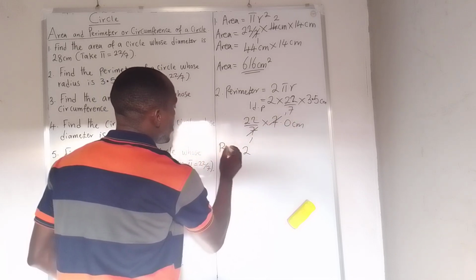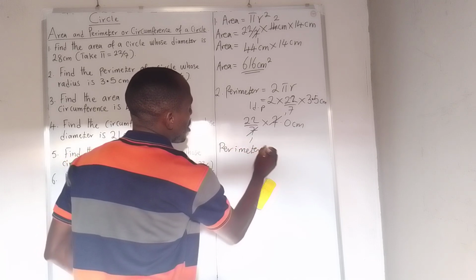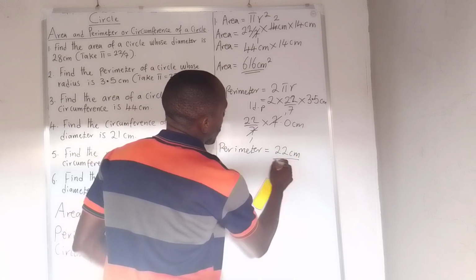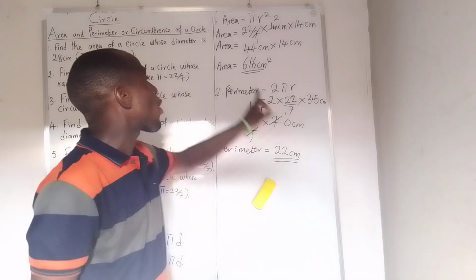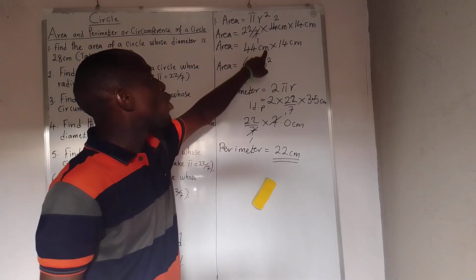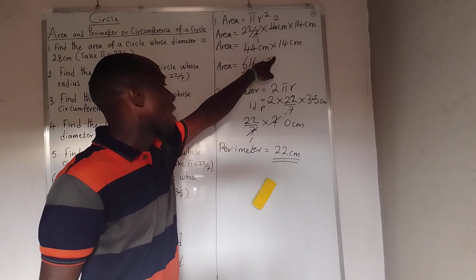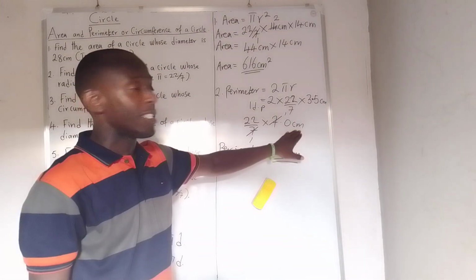Therefore our perimeter is equal to 22 centimeter. For perimeter, there's no square on it if you observe. But for area, we have square because we're multiplying centimeter by centimeter, which gives centimeter square. For perimeter, you don't put the square because we're only dealing with 1 centimeter.